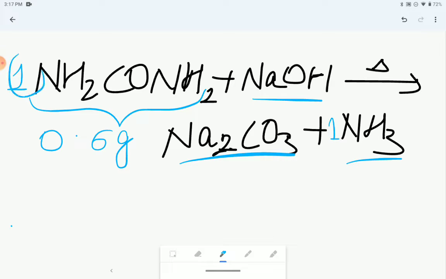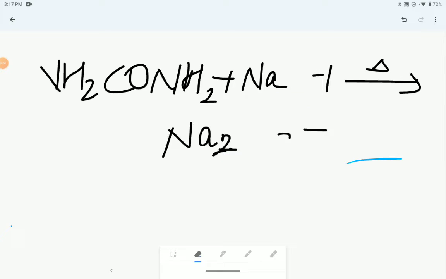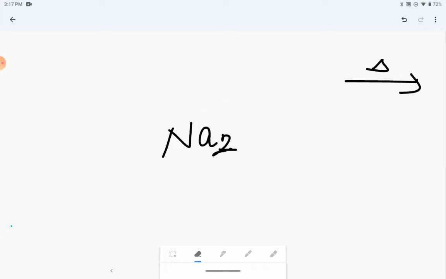Here for 1 mole of urea, it produces 1 mole of, sorry, here 2, right? I cleared the balanced equation, right? I'm sorry. I'll write it again.